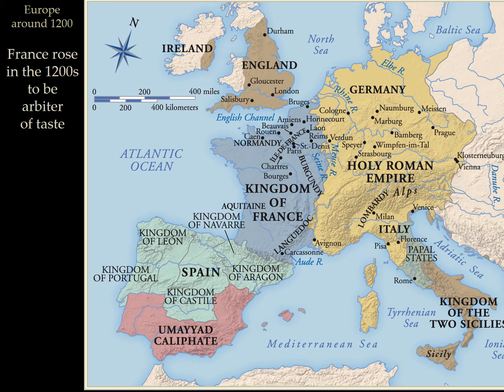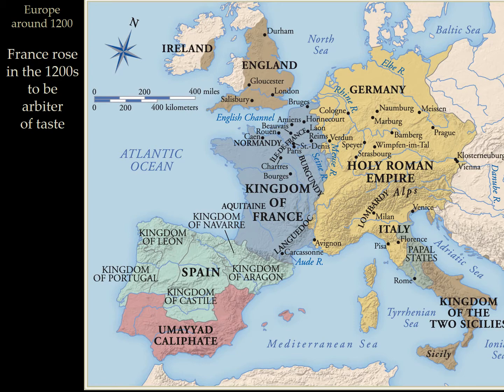Just want to point out the map of the later Middle Ages, whereby the Holy Roman Empire, or Germany, controls much of the area that is now Austria, northern Italy, Switzerland, and then areas in Eastern Europe. There is no Spain as of yet, because the Christian kingdoms are still battling the Muslims, or the Umayyad Caliphate, in the south, which they will not fully reclaim until 1492.